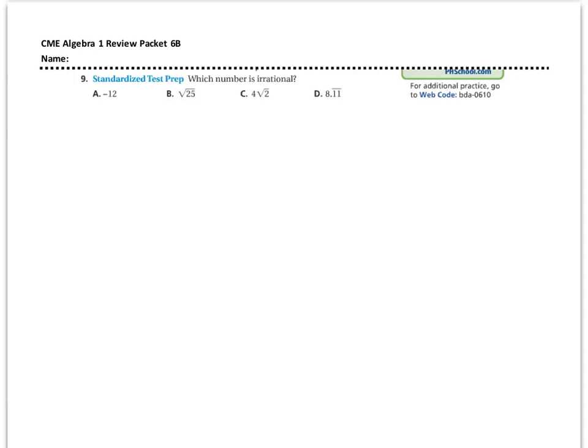Number 9, which number is irrational? Which number can you not write, in other words, as a fraction? So for example, if you have 0.333, this is a rational number because this equals 1 over 3. So don't get mixed up: if a number does not stop and does not repeat, that is an irrational number.